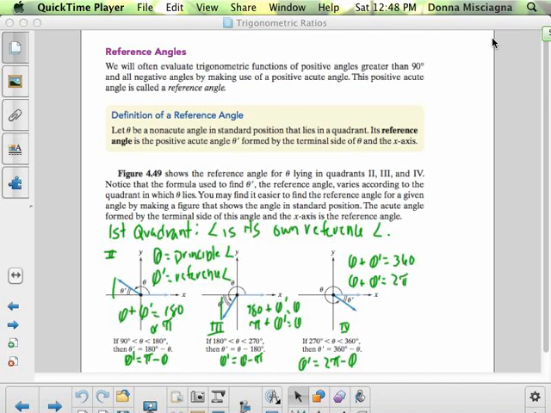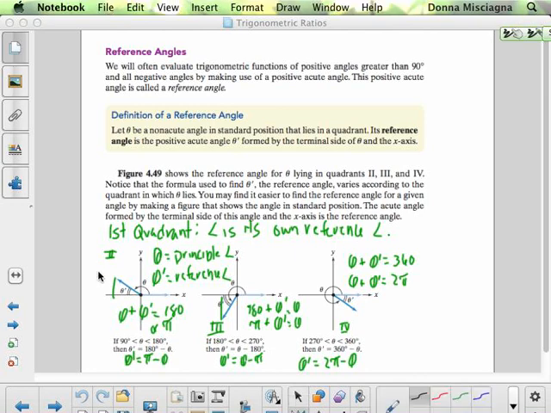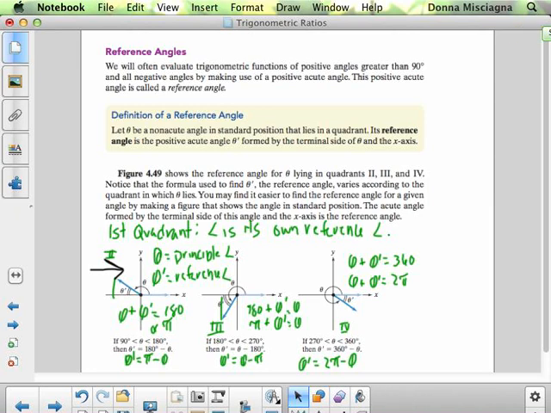In the second quadrant, if we take the principal angle and the reference angle together, they equal 180 degrees or pi radians. So together, principal plus reference equals 180 or pi.